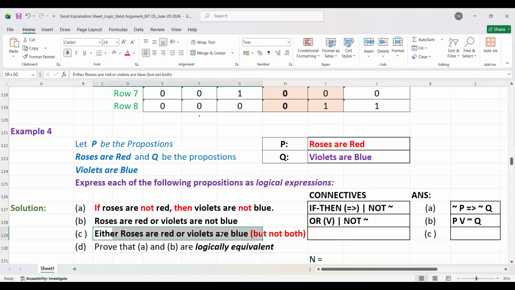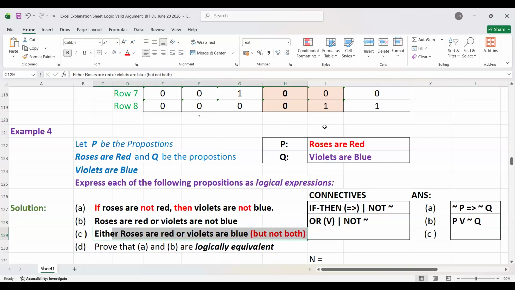Now this one, if you get this one, I'll be happy. Either roses are red or violets are blue, but not both. What connective is here? You think it is or? Are you sure? It's actually not or.